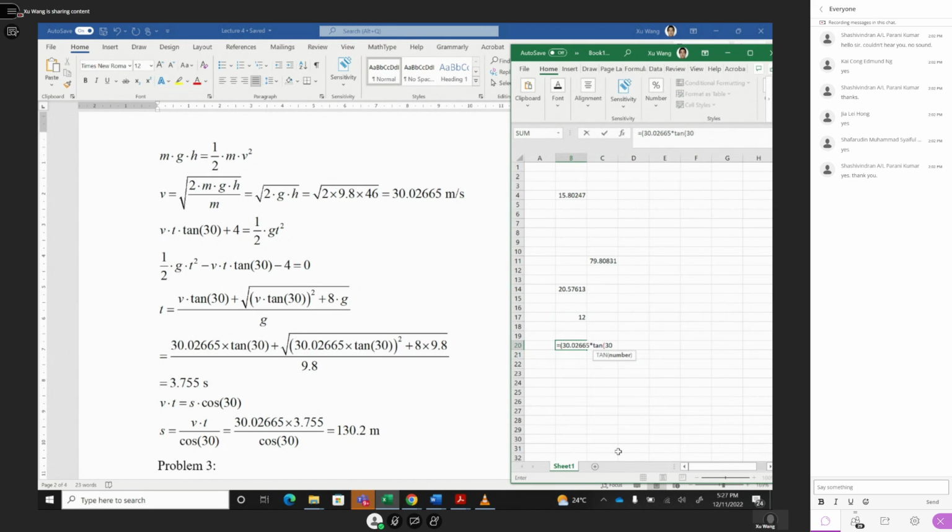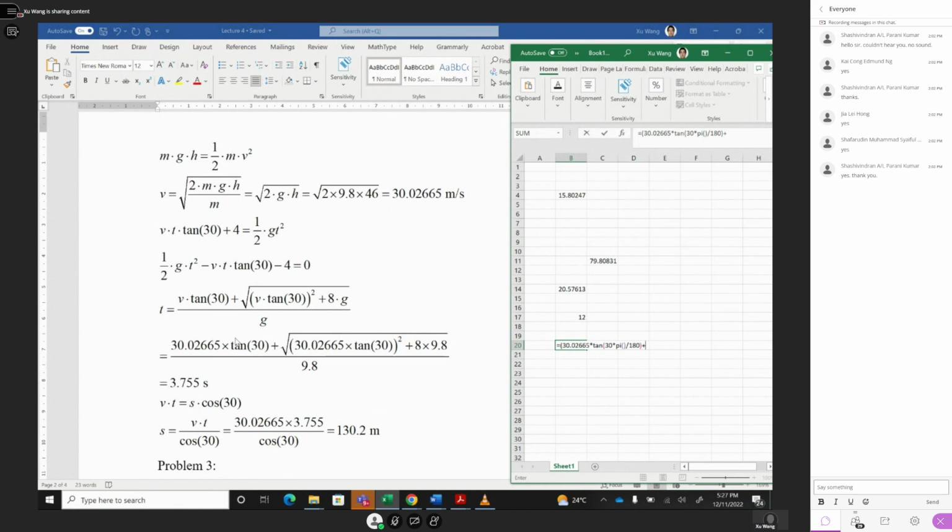Be careful, you have to convert to radians: pi divided by 180. Always change the degrees to radians. And then plus, not minus, because if it's minus, this one is larger than this one, and minus becomes negative. You won't get negative time, right? So that's why it's plus.